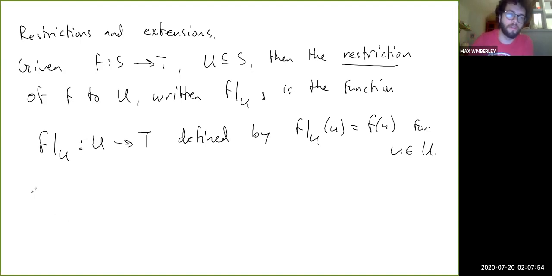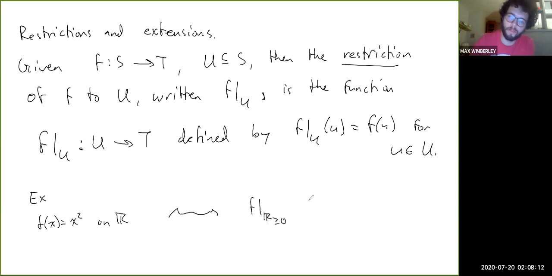So for example, f of x equals x squared on R. You can restrict this to the non-negative numbers. The graph here would be a full parabola, and then the graph here would just be half the parabola, including this point at 0, right?